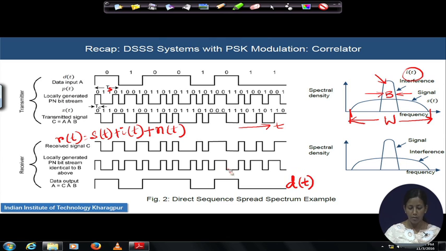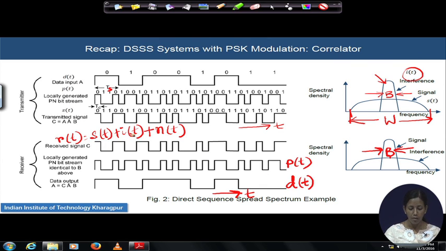This is again the time axis interpretation. If we try to see it on the frequency axis, after multiplication of the received signal with my spreading signal p(t), because of the dispreading operation, the signal bandwidth will again be compressed to the original bandwidth B. Now, as the interfering signal was not spread earlier and was newly added on air, this dispreading operation is applied uniformly to both S(t) as well as I(t).